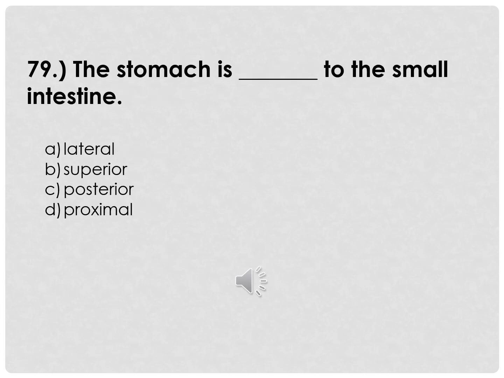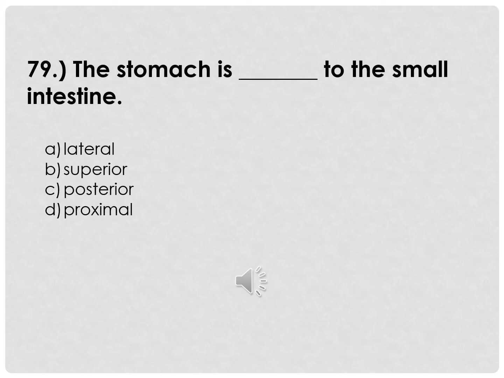The stomach is blank to the small intestine. If you were going to describe this using common words, you would probably say the stomach is above the small intestine. Which of the letter choices best represents above? Letter A, lateral. Lateral means away from the midline, so that's not the correct answer.